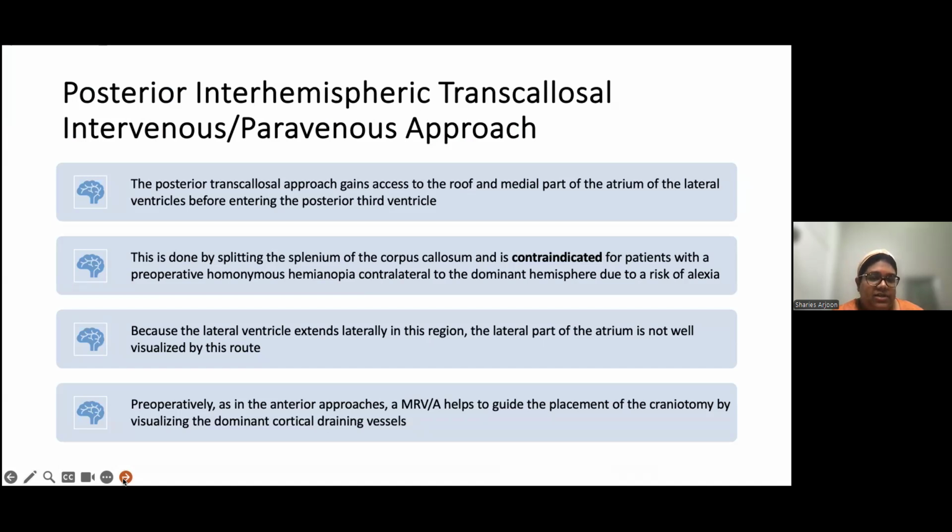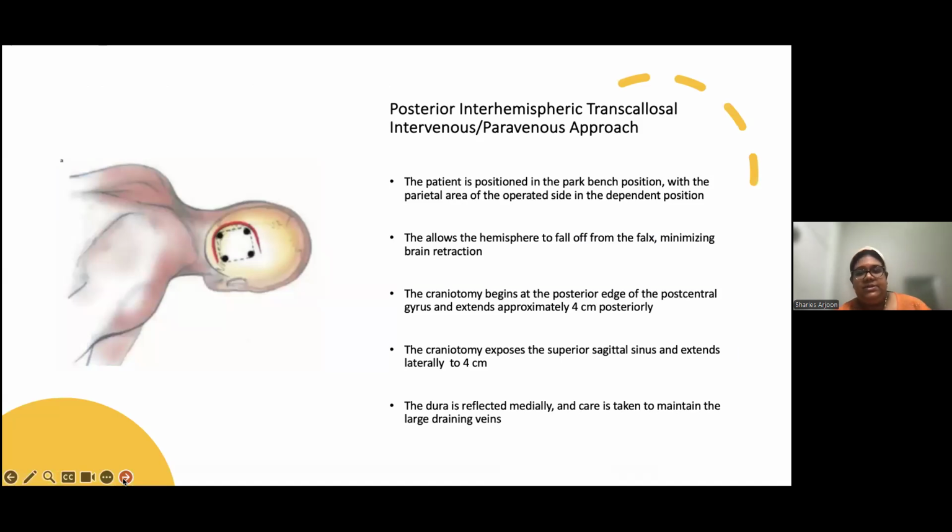Because the lateral ventricles extend laterally to this region, the lateral part of the atrium is not well visualized by this route. Preoperatively, as in the anterior approaches, an MRV or CTV helps to guide the placement of the craniotomy by visualizing the dominant cortical draining vessels. The patient is positioned in a park bench position with the parietal area of the operated side in the dependent position, which allows the hemisphere to fall off from the falx, minimizing brain retraction.